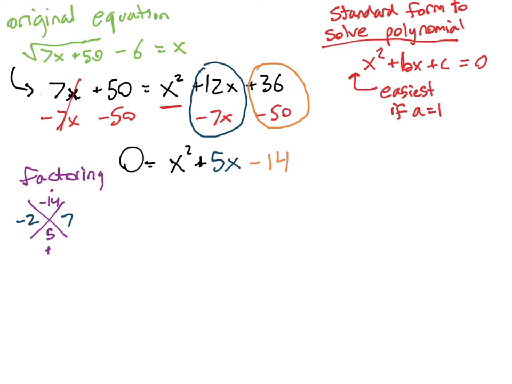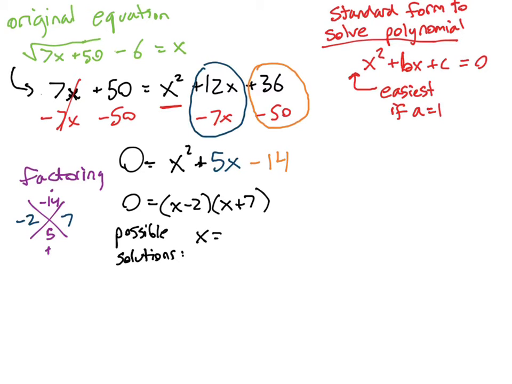So we can rewrite this equation in its factors. 0 equals x minus 2 times x plus 7, which gives us two possible solutions. If we set each of these factors equal to 0 and solve for x, x could equal +2 or x could equal -7.